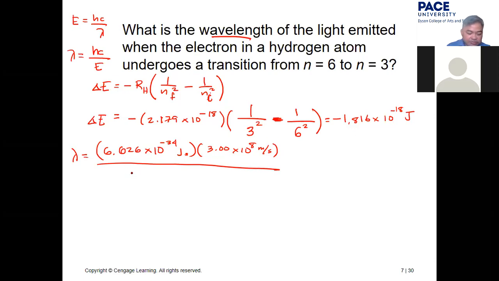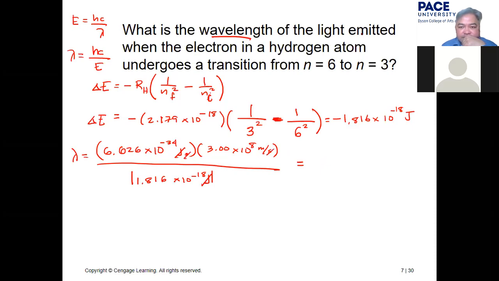But you can just use an absolute value. You don't need to put a negative. It's just telling you that there's an emission of energy. That's what the negative value means. So if you get that, what's the answer? So this is joules, so this one is cancelled.